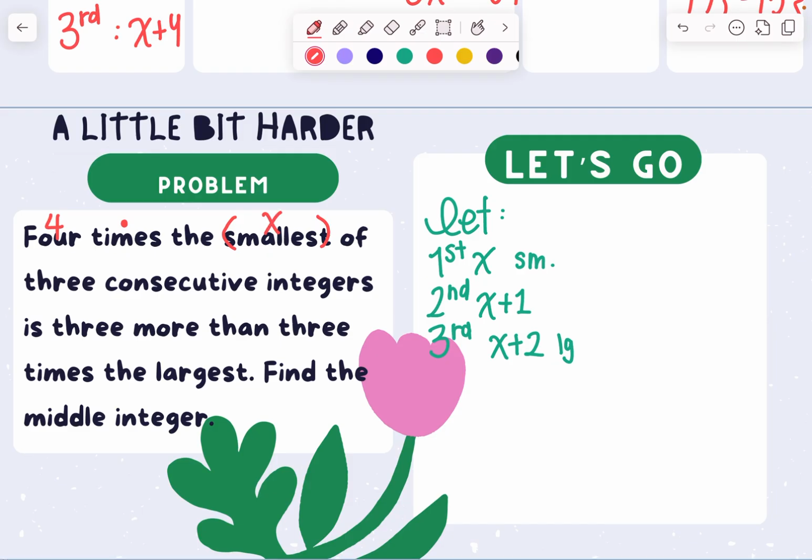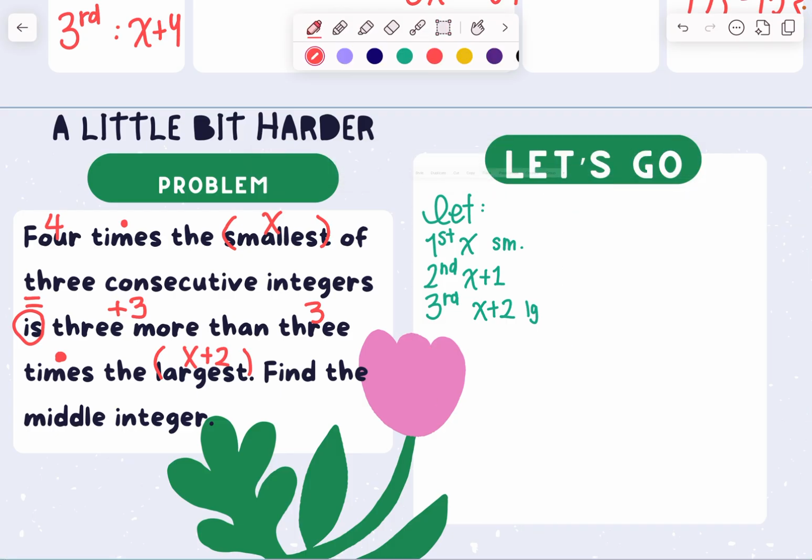Of 3 consecutive integers, here's my favorite word is for my equal sign. 3 more. So this is going to add 3 to whatever's coming next. Then 3 times the largest, which happens to be x plus 2. So this is enough information to help us figure out what this answer is going to be.